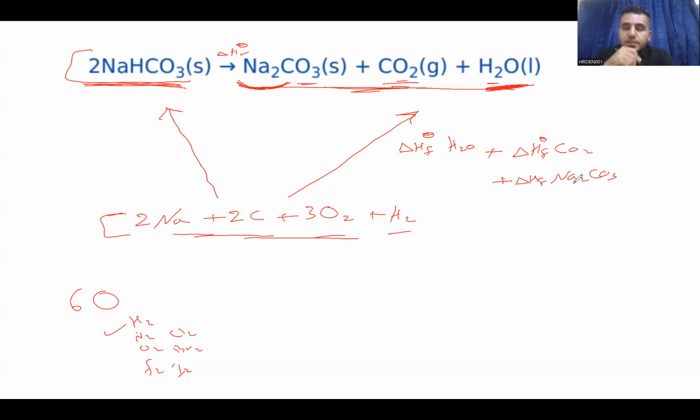This is, guys, step 4. And in step 3, sorry, we have these arrows. These arrows represent the summation of these delta H's of formation of the products.